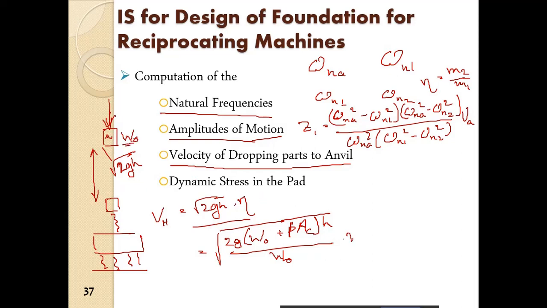Then of course, there is the efficiency of the fall, whether 100%, 80%, or 60%.